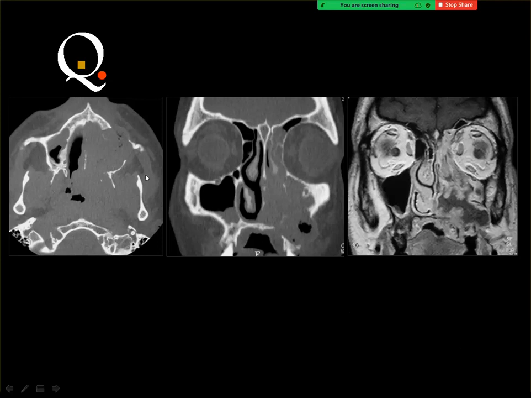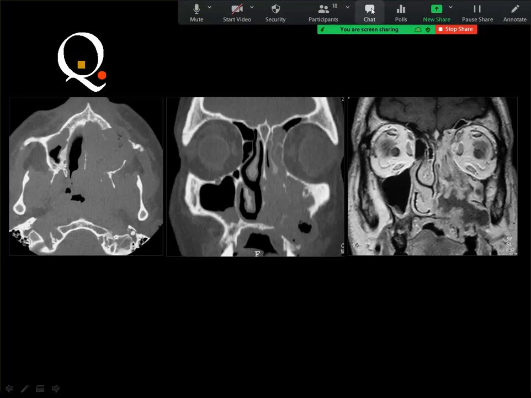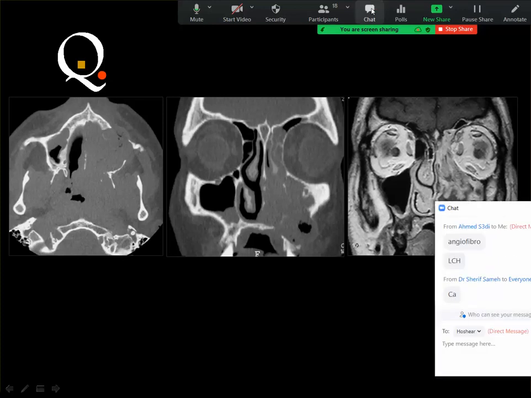Then this patient with maxillary sinus lesion by CT, by coronal CT, and by MRI. And actually, these loculi of air are the sequelae of the previous biopsy taken from the maxillary sinus. If you feel that this lesion is destructive, then you consider carcinoma.